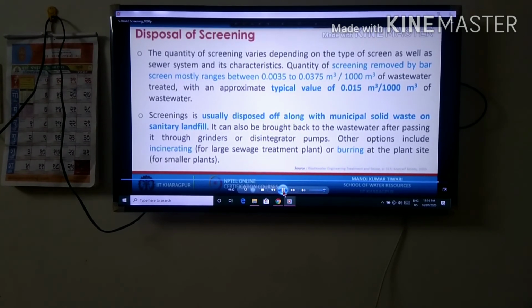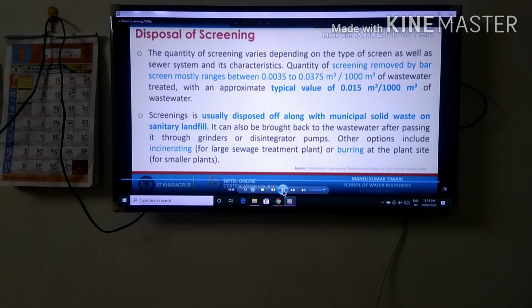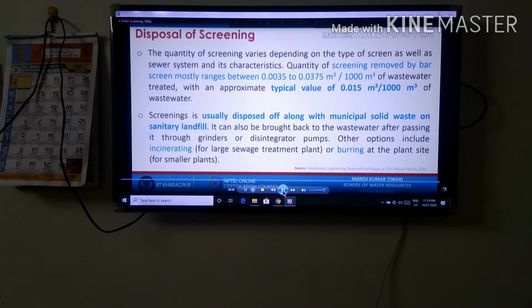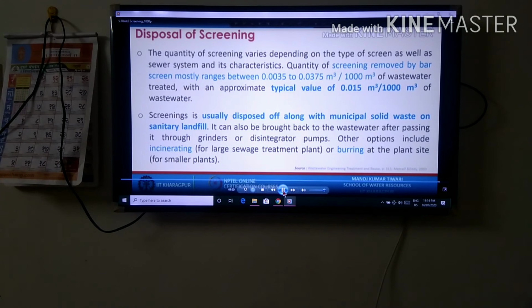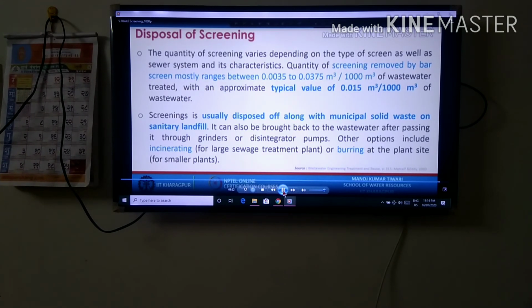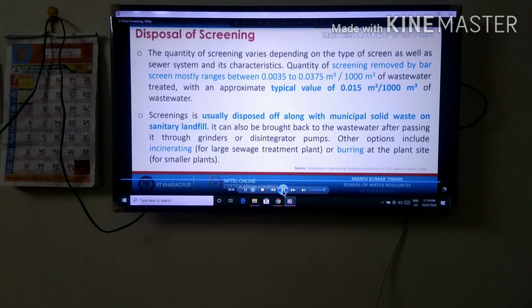The screenings are usually disposed of along with the municipal solid waste in a sanitary landfill. There are other alternate options also. We can channelize this back to the wastewater. If we pass the screenings through grinders or disintegrator pumps, they get ground and disintegrated, and then we can channelize that back to the wastewater.